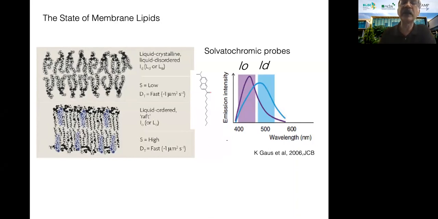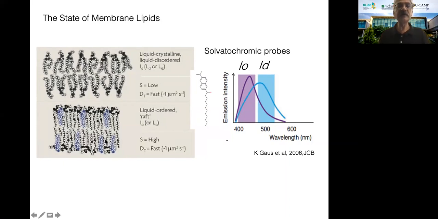So Katharina Gauss also established this method of taking a solvatochromic probe, where you can probe the wavelength of the fluorescence emission from this molecule, to determine whether in that local region where it is fluorescing, the membrane is either disordered or ordered.